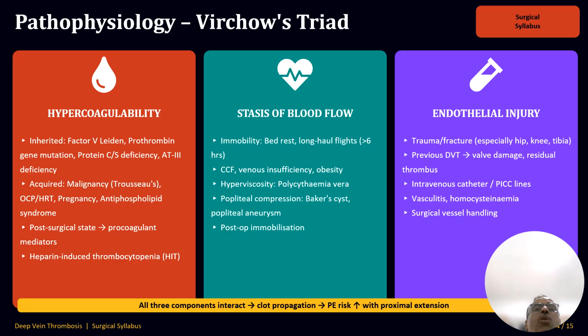So these three components of Virchow's triad would increase the risk of deep vein thrombosis. All these three components interact and ultimately it leads to development of deep vein thrombosis, and the clot may propagate. Clot propagation is one of the important factors which leads to higher risk of pulmonary embolization.